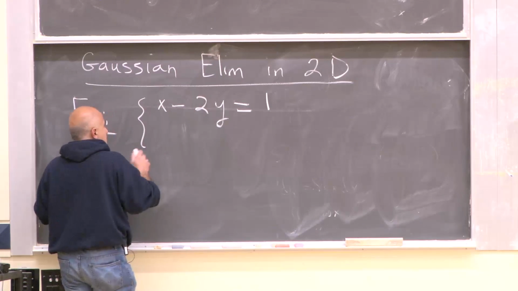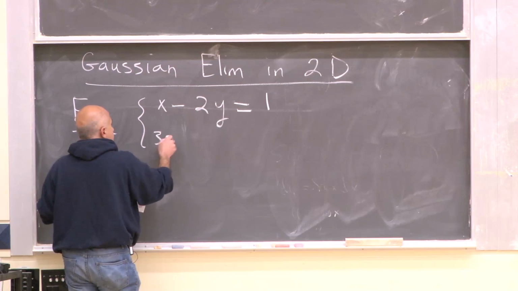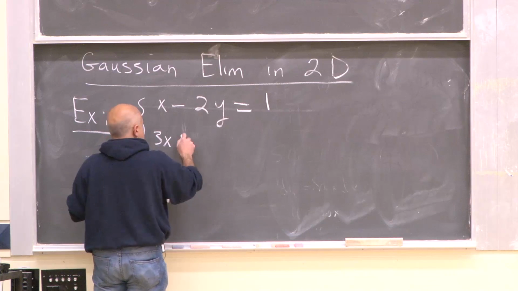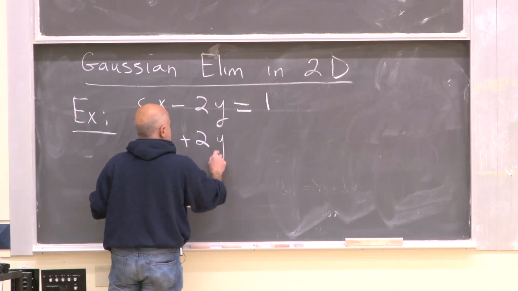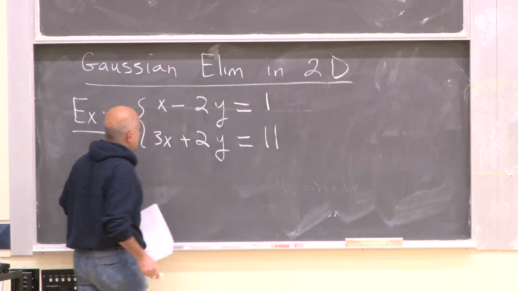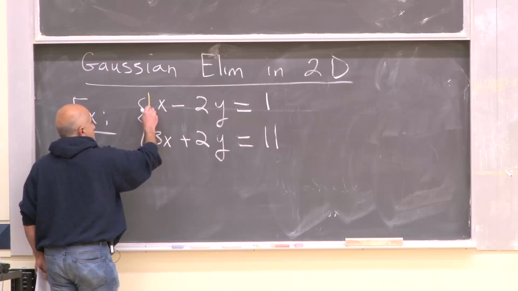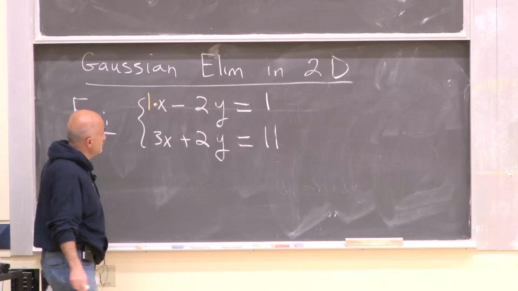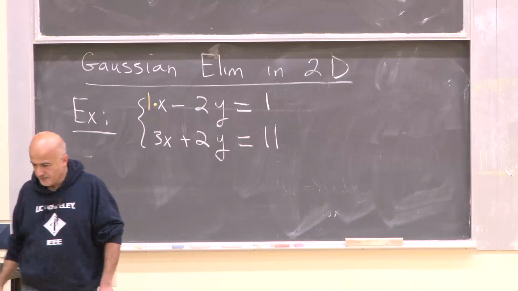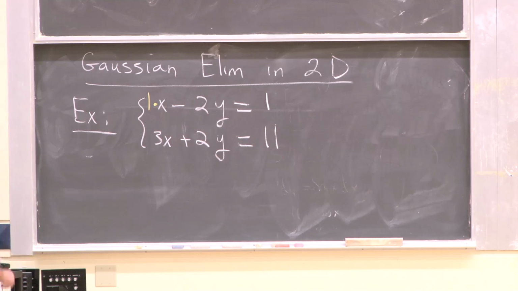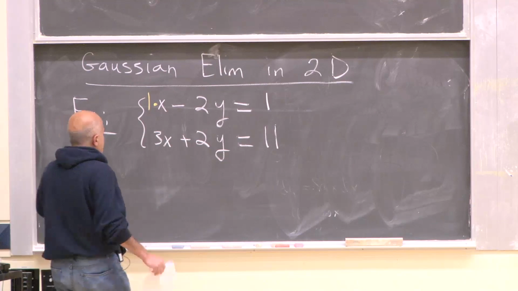So I have 2 equations and 2 unknowns. The second one here is 2y equals 11. There is a coefficient of 1 here, just to keep things quasi-symmetrically labeled at least.